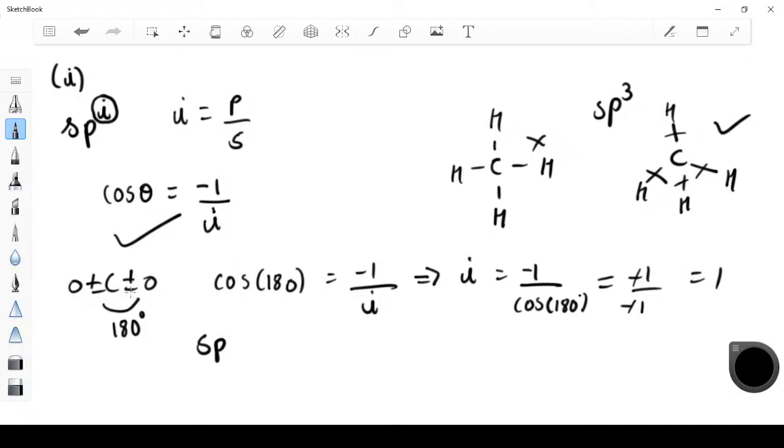Don't count the pi bonds, just the sigma bonds and lone pairs, and assign them s, p, p1, p2, p3. Okay, so you get the hybridization of the molecule. So this would be sp. Yes, it checks out. So that's how you will calculate hybridization.